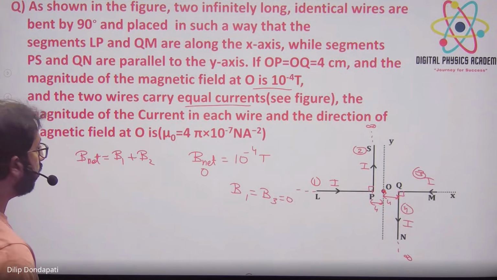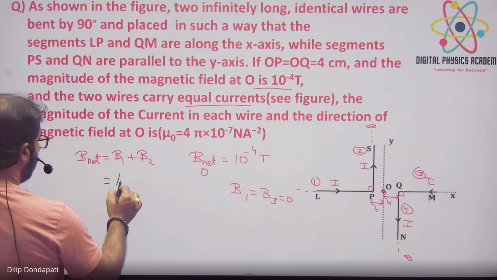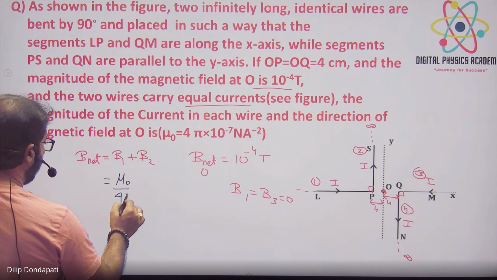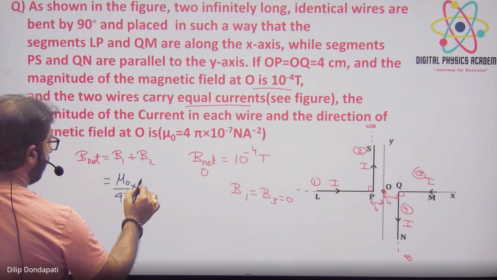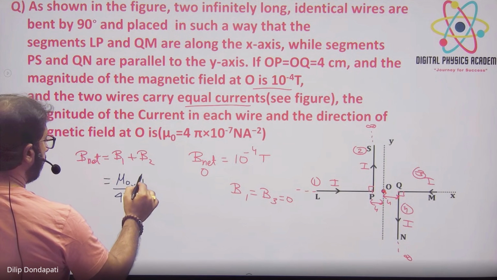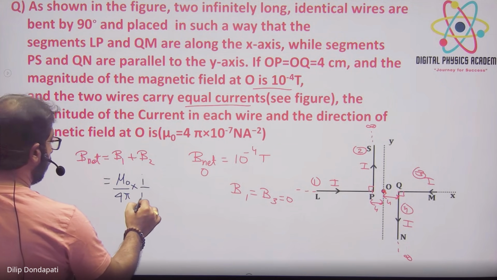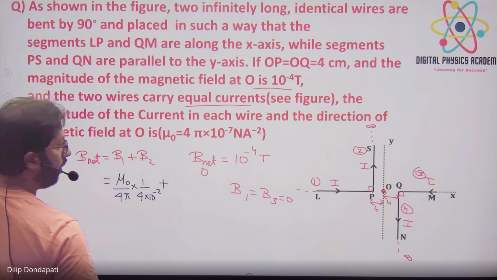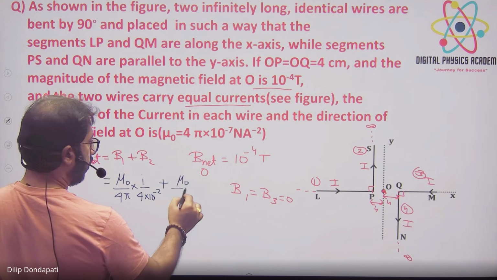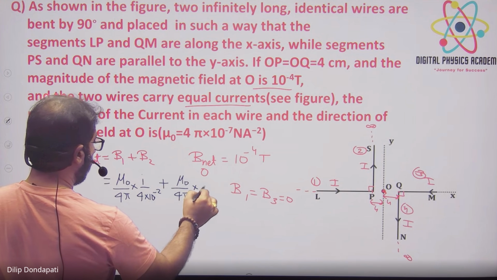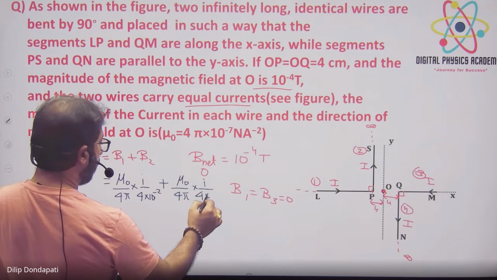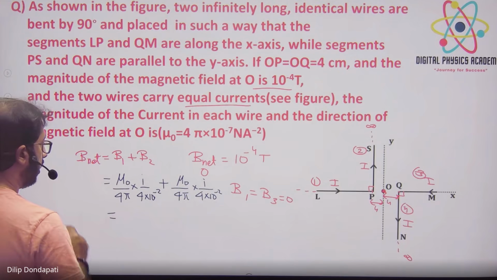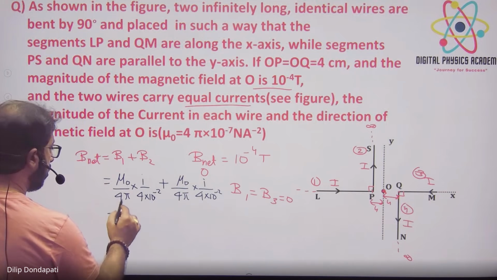Use the semi-infinite wire formula. Sriram, mu naught by 4 pi into I by distance, which is 4 into 10 power minus 2, plus B2, which is mu naught by 4 pi into I by 4 into 10 power minus 2. 20 ampere. Yes, correct. Mu naught by 4 pi is 10 power minus 7.